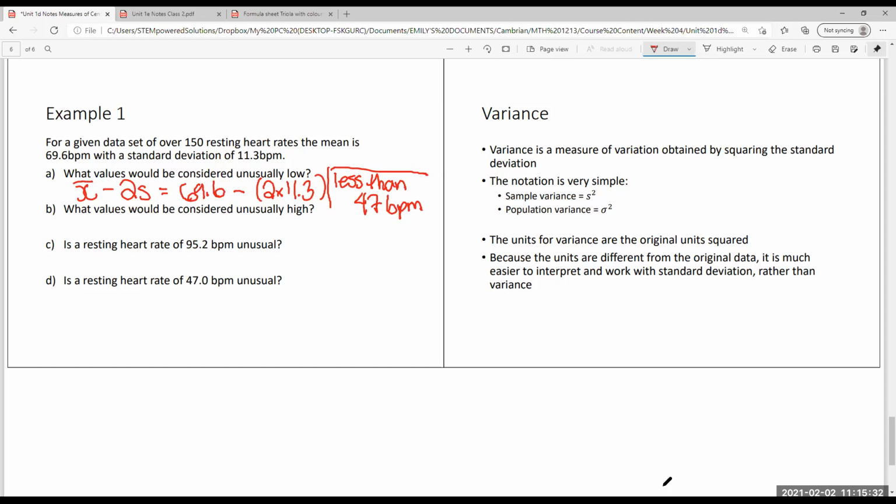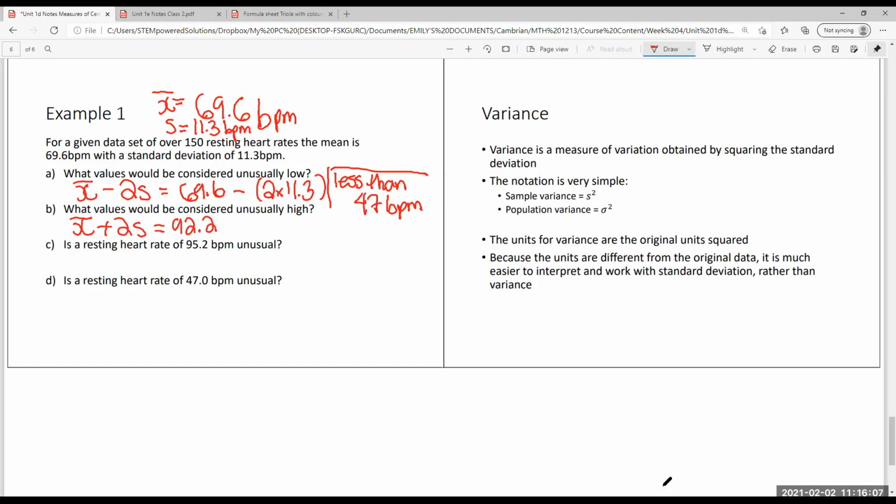Okay, and what values would be considered unusually high? It comes up to 92.2. So would it be anything over 92.2 or would it be 94.2 and over?